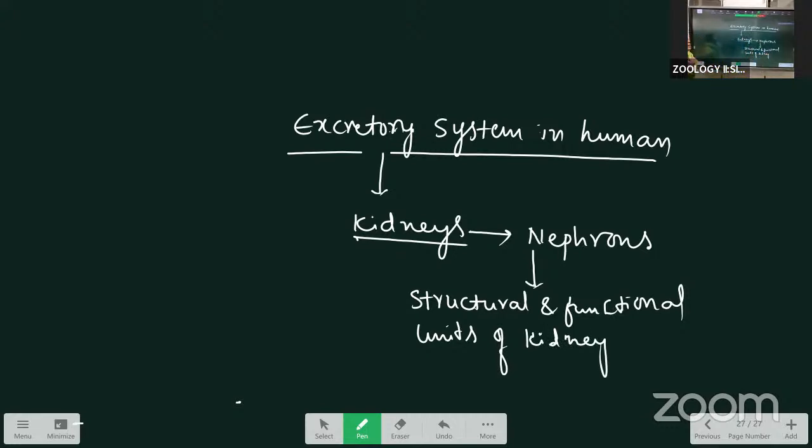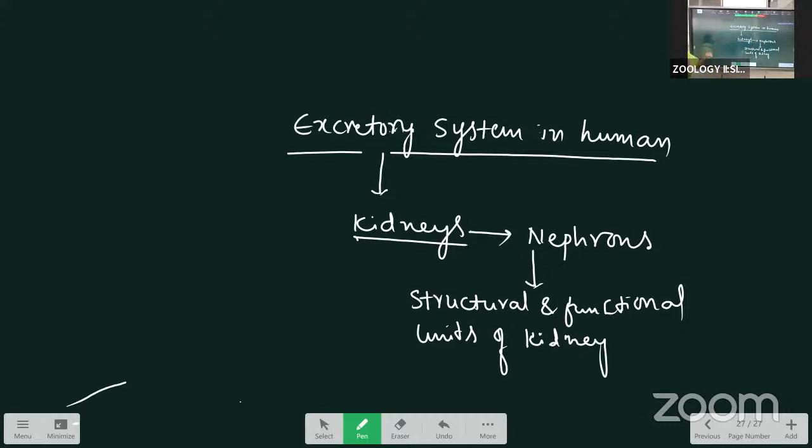They collect the nitrogenous waste and prepare the urine. Formation of urine is done by the nephron only. That's why they are called the structural and functional unit of the kidney.